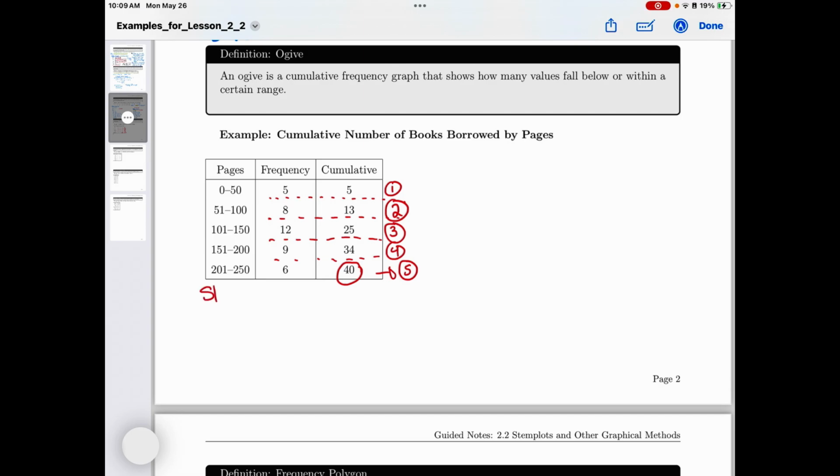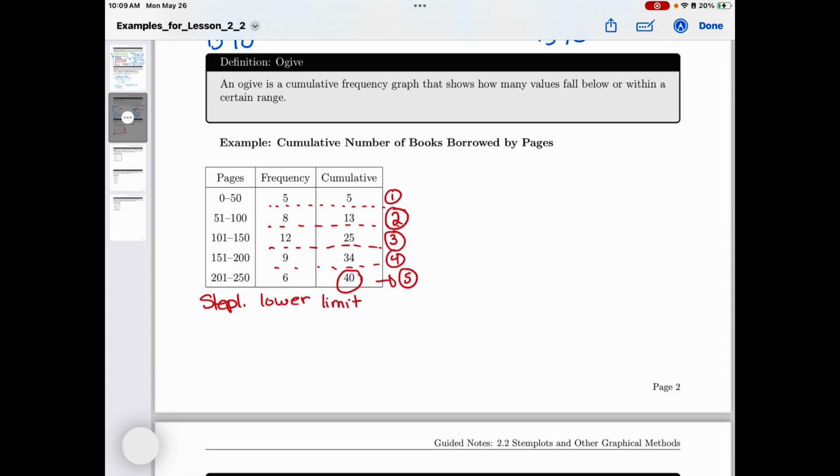Now, when we graph an ogive, step 1, you take the lower limit of the first class and graph that on the x-axis.